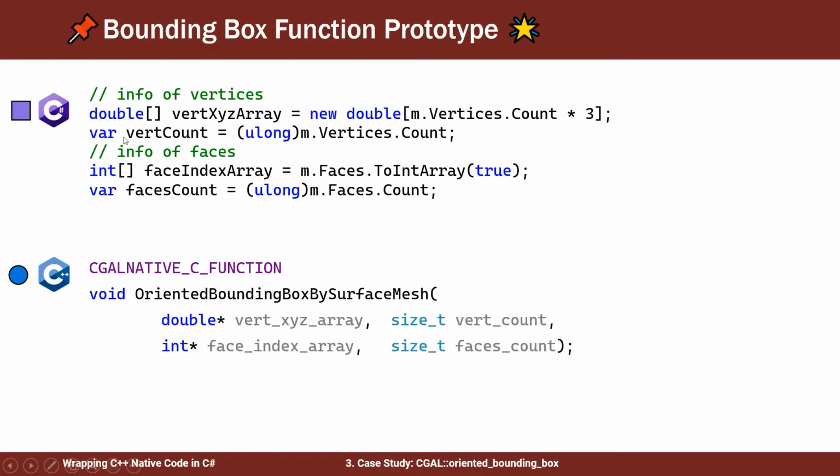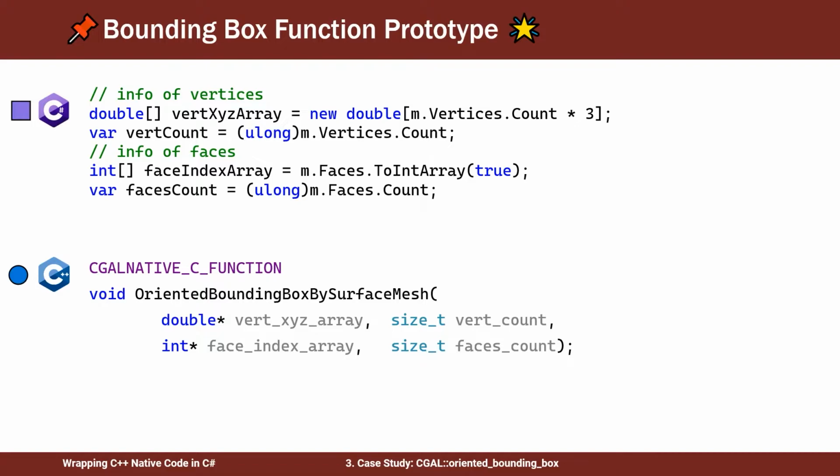So this is a one-to-one transformation. The ulong from here to here is size_t. And the integer array in C# is transformed to here. So the unsigned long faces count is transformed to here. Great. Now we have the macros and function prototype.